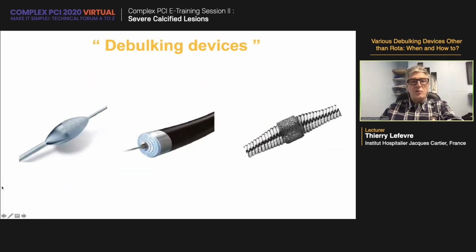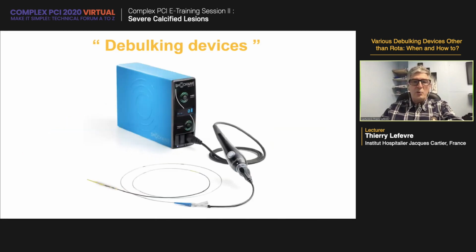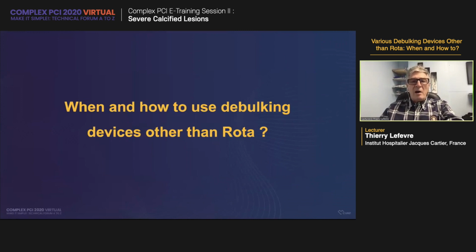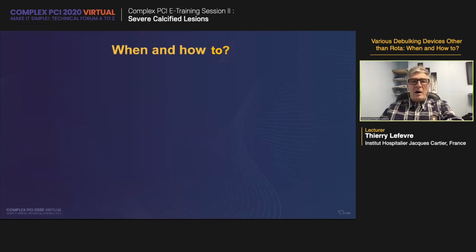Of course, there are true debulking devices like the Rota, laser, and diamondback, and these are very useful too. And now we also have the Shockwave technology, which I think is very useful, and I will talk a little bit about that.